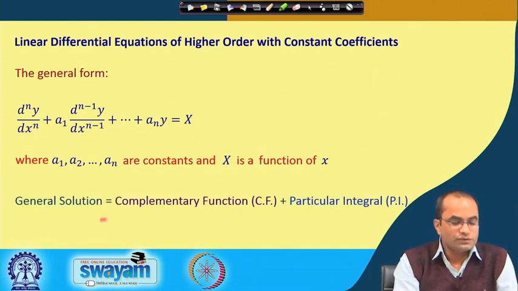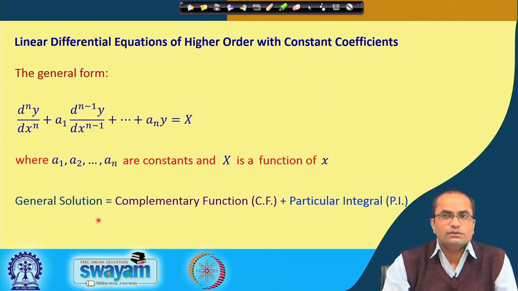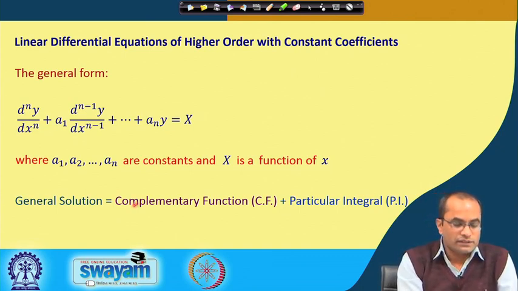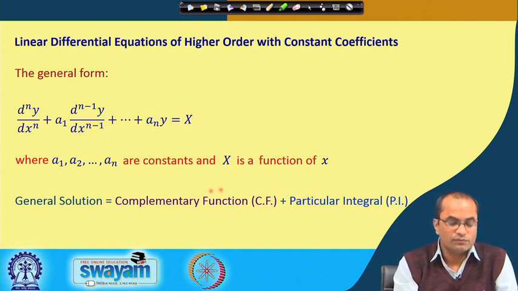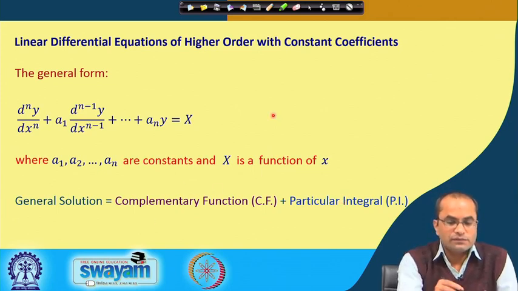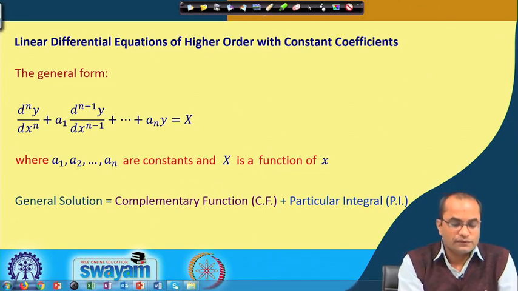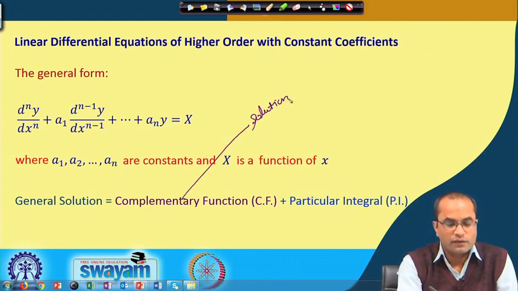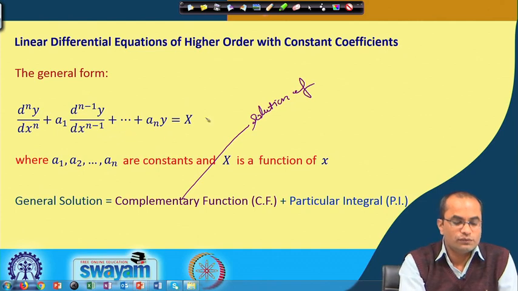The general solution which we will be talking about in today's lecture will have two parts. One is called the complementary function, the other is called the particular integral. The complementary function is nothing but the solution of the homogeneous equation.